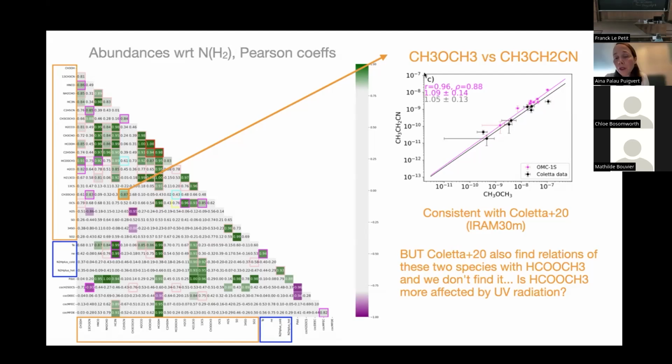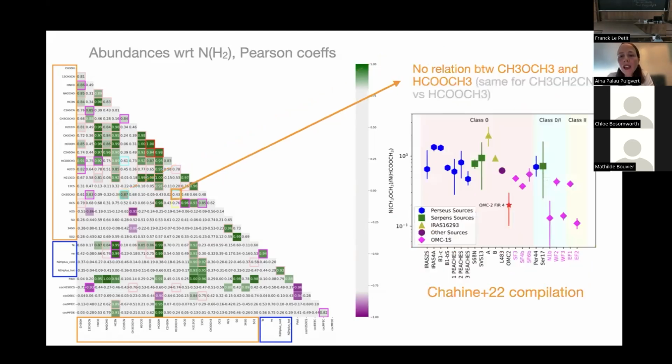This had been seen before in previous works, in particular in Coletta 2020, who used ALMA and the IRAM 30m telescope towards a sample of massive star-forming regions. And they found this correlation. We found almost exactly the same slope and essentially the same correlation, which gives us confidence in our method here.